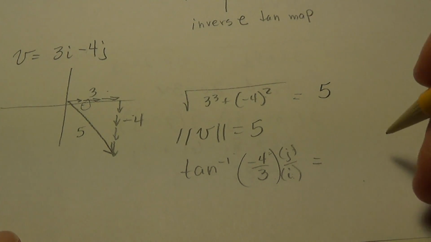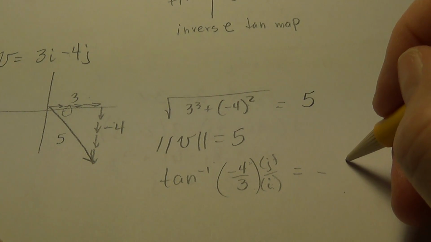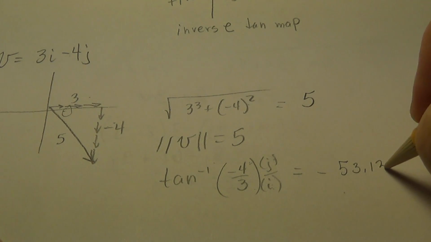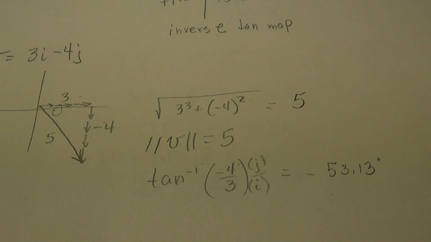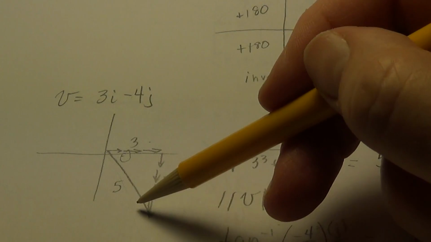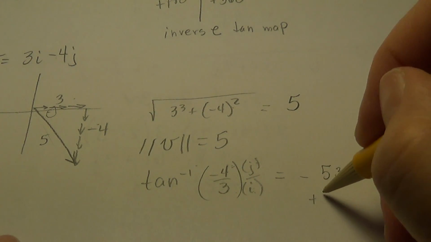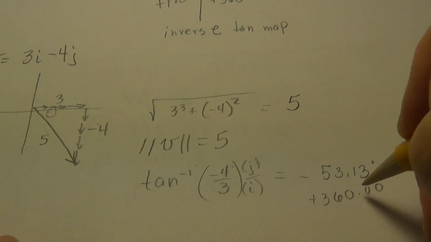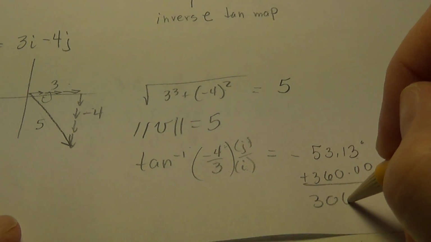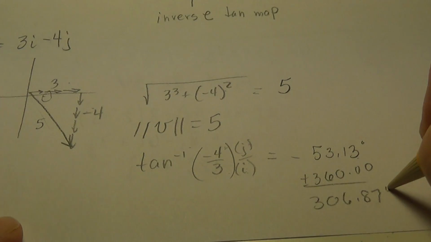So in degrees it should come out to negative 53.13, but I prefer a positive answer. It's in the 4th quadrant, so I'm going to add 360 to that number that the calculator gives me, and it gives me 306.87 degrees.